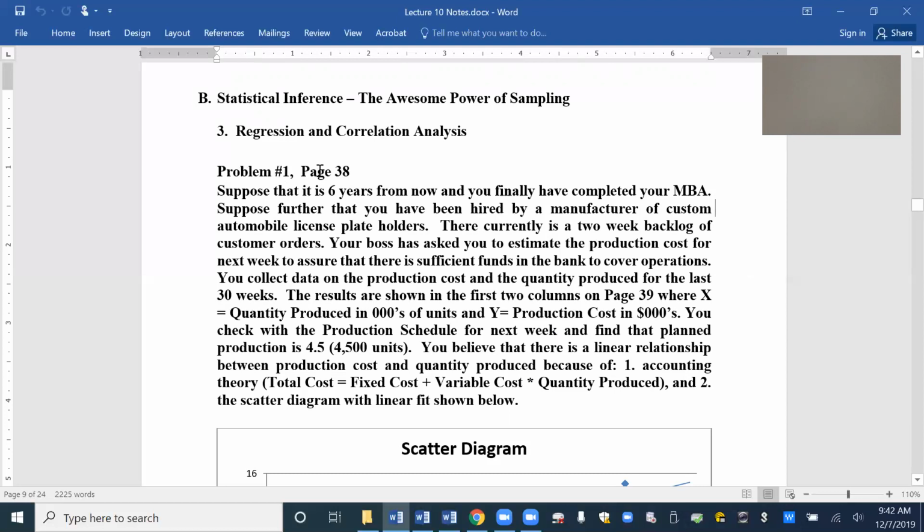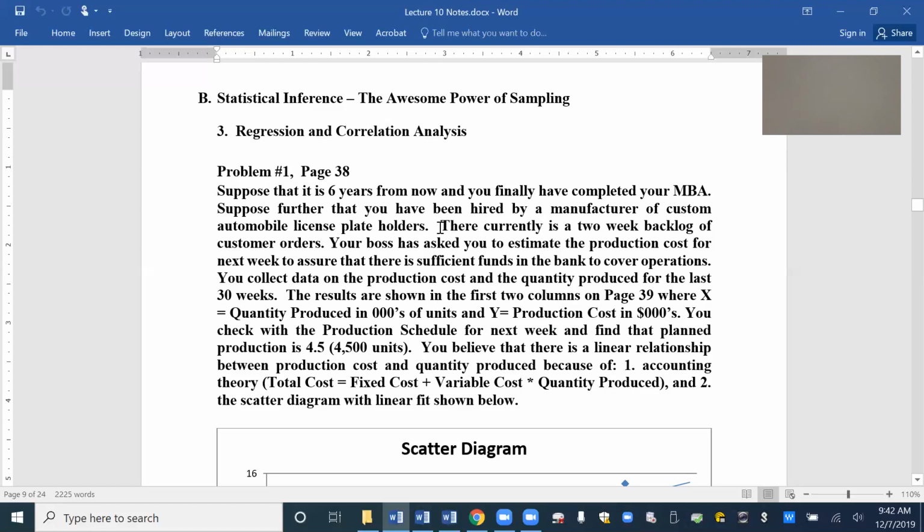Our illustrated problem is page 38, problem 1. Suppose it's 6 years from now and you finally have your MBA. Let's be optimistic, okay? Let's be really optimistic. And let's even go further out on this shaky limb, and suppose you have a job working at this company and a non-relative hired you. That's a further stretch.